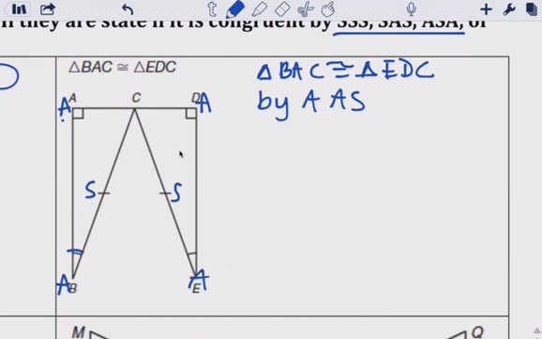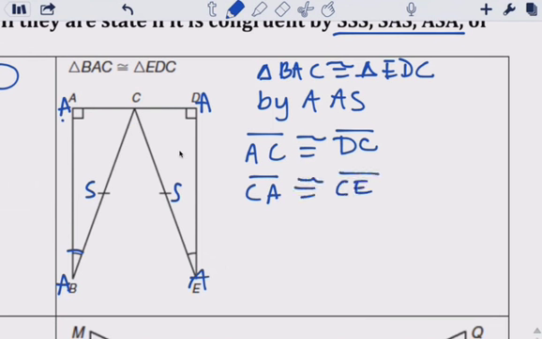Okay, so we go AC is congruent to, we're justifying it now, DC. Side, line segment CA is congruent to line segment CE, and line segment AB is congruent to line segment DE.